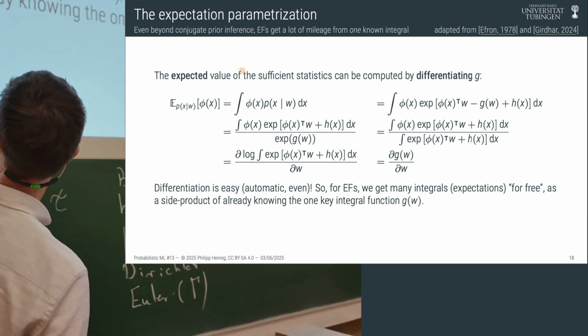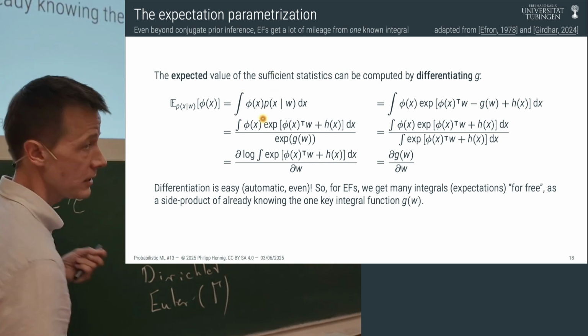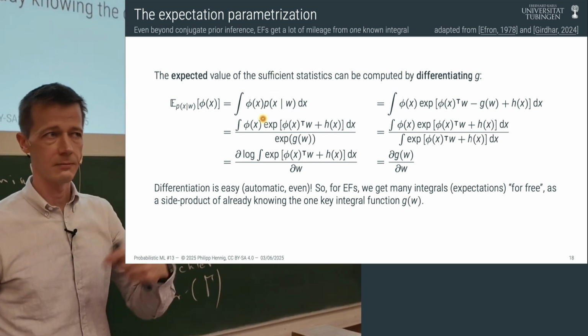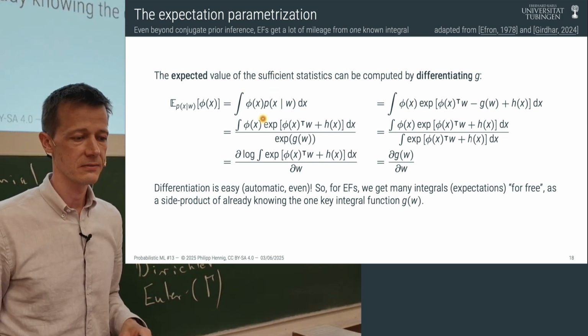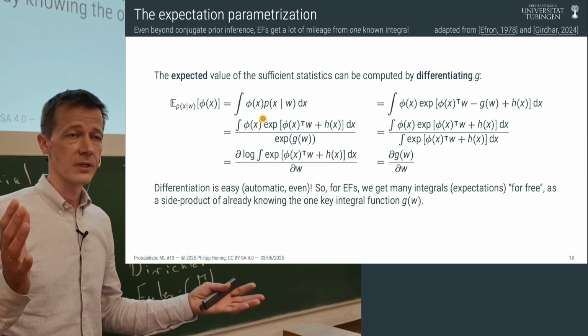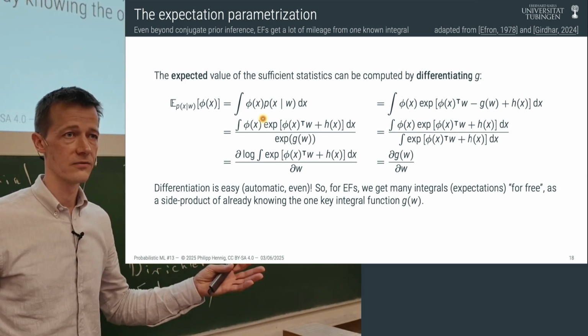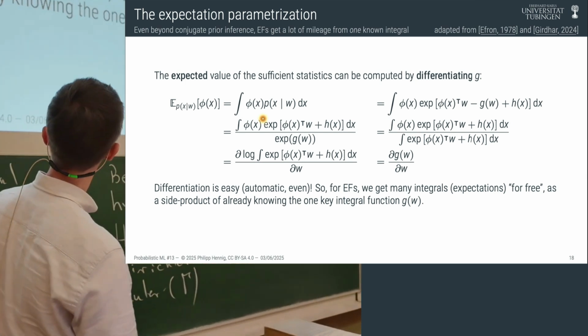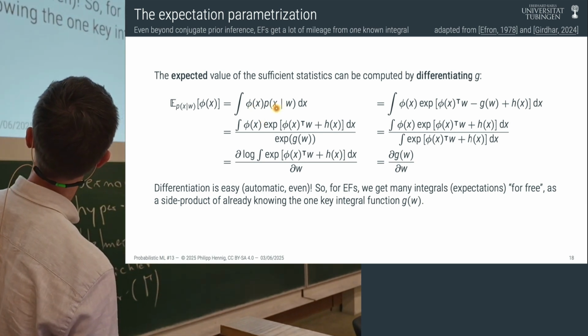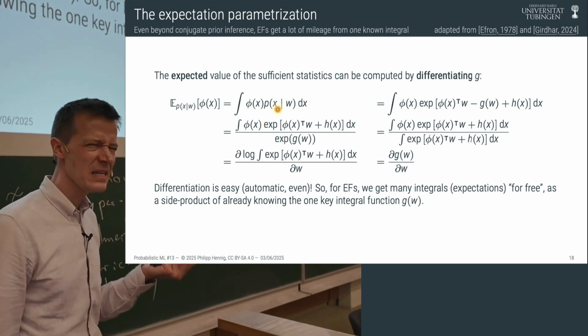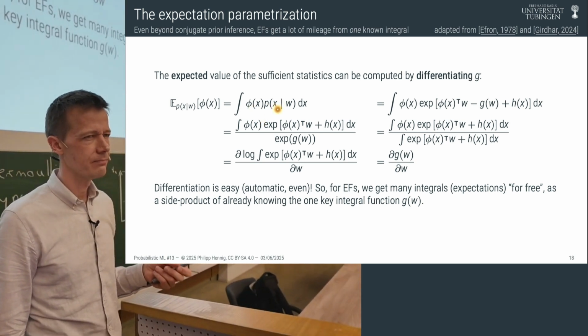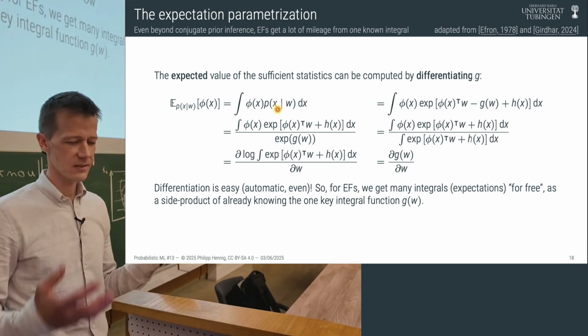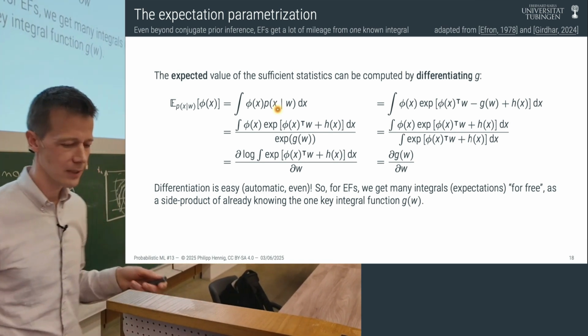So what's an expected value? Well, it's an integral of our probability distribution against these sufficient statistics. And integrals are hard. In general, you don't know how to do an integral in closed form, right? But we can convince ourselves that we can actually compute this thing using basically integration by parts. It's just a mechanistic way of doing integration by parts.